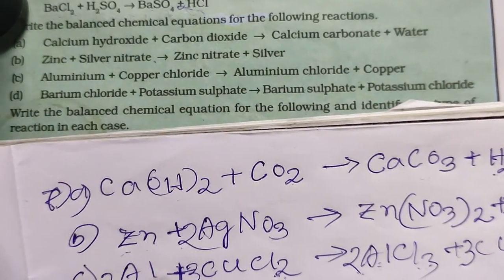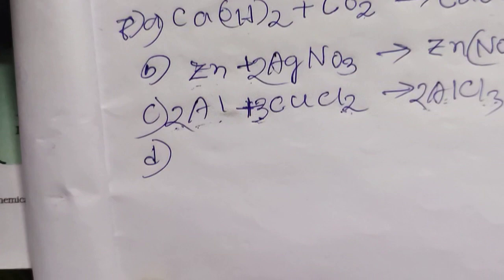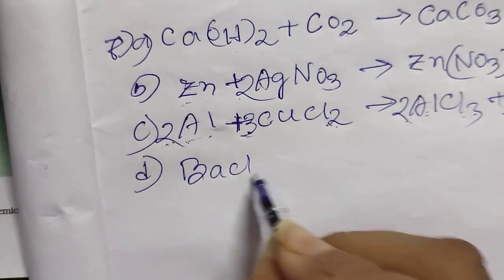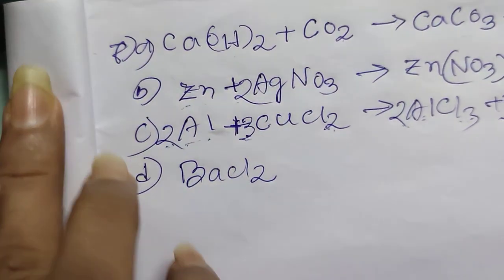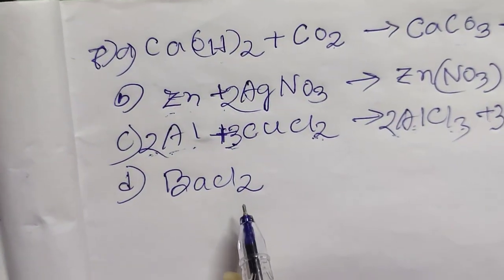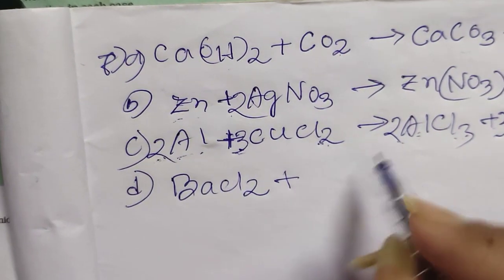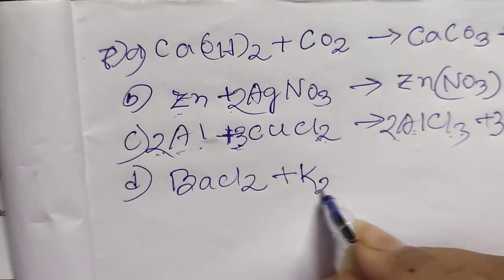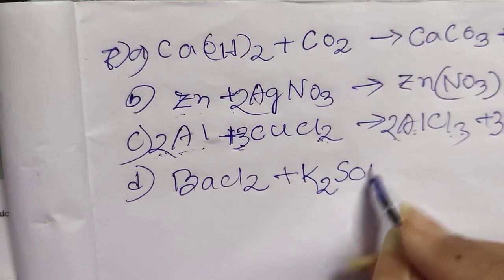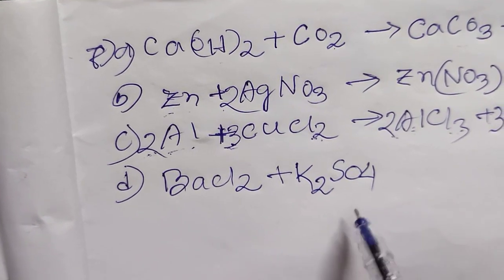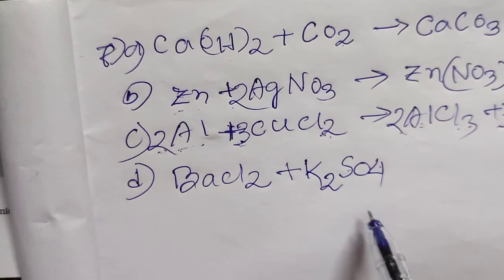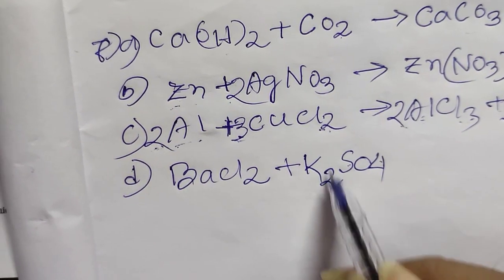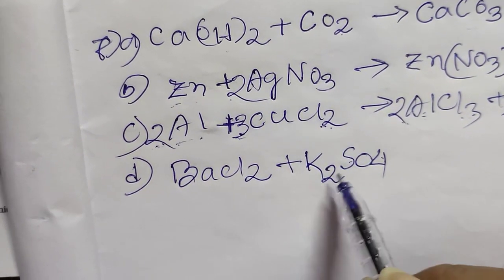The symbol for barium chloride is BaCl2, because barium has valency 2 and chlorine has valency 1. Next, potassium sulfate. So potassium sulfate is K2SO4. The valency of SO4 is 2, that is sulfate is 2, and potassium is 1. That is why whenever we cross the valency, we get K2SO4.